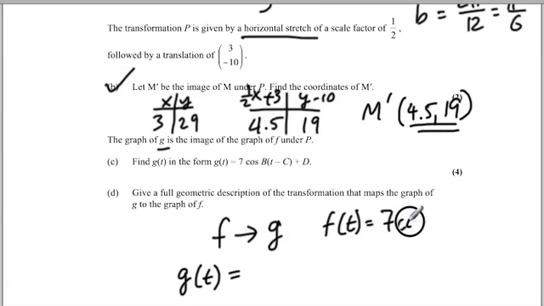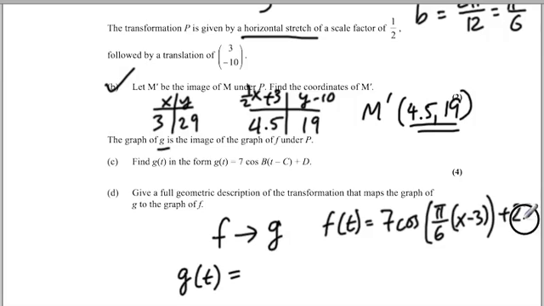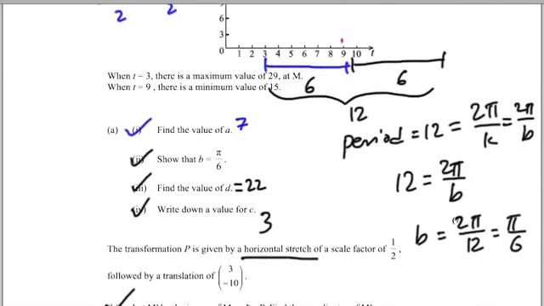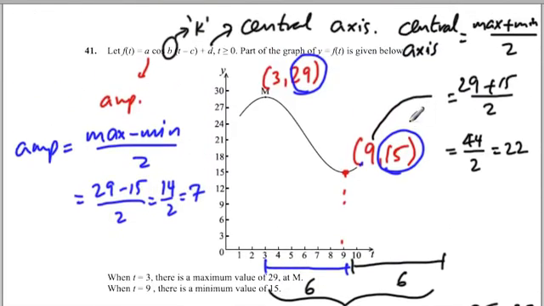We said it was a cosine function. Remember, our B value was pi over 6, okay? This is x minus 3, okay? And then I believe it was plus 22. Am I right or wrong about that?